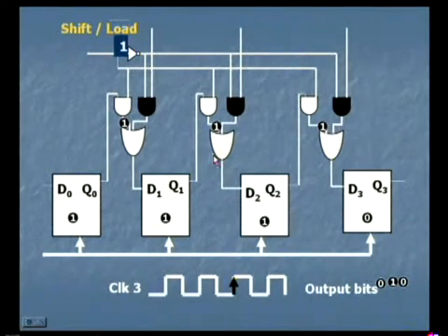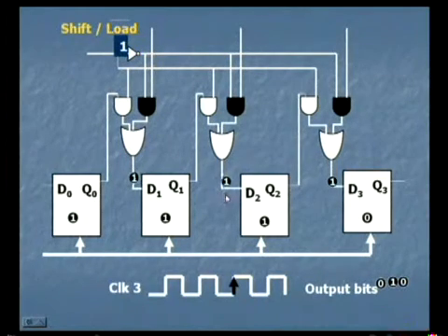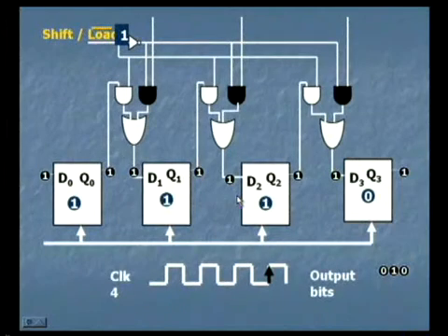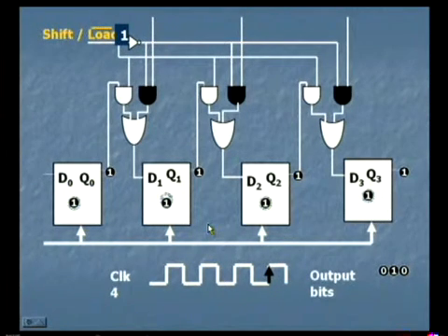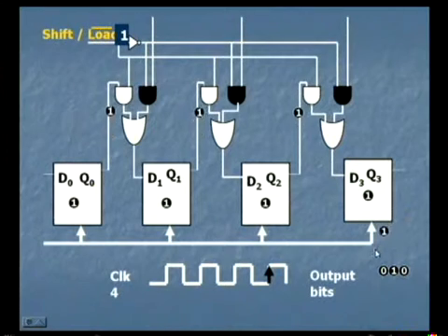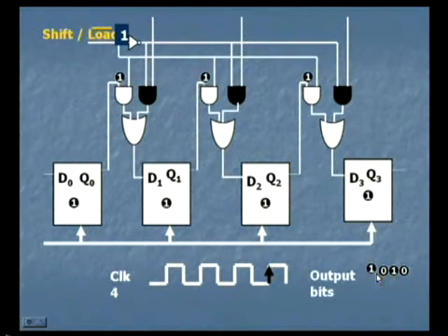Similarly, through the OR gate it is sent to the next flip flop as input. Upon the fourth clock pulse, a similar procedure takes place and you can see that data bit 1 has come out.